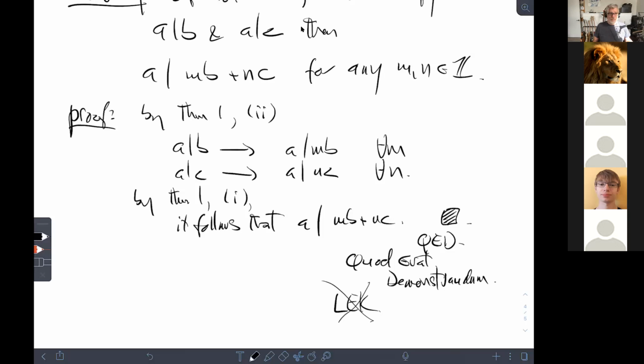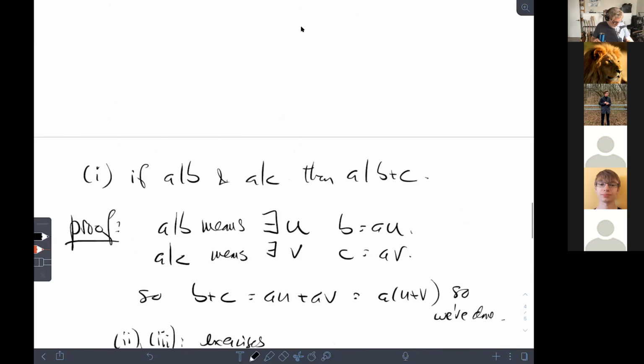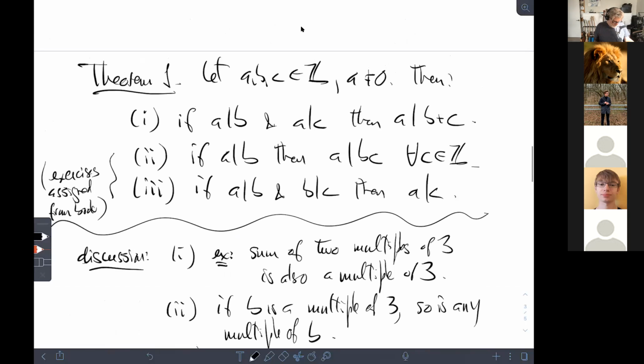Okay, next up and last. Quick question. Concerning theorem 2 part II. If A is, let's say A is 4 and B is 2, that would be correct. But no, it's the other way around, right?